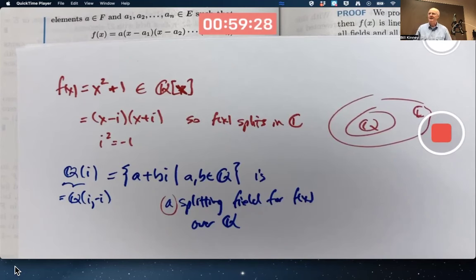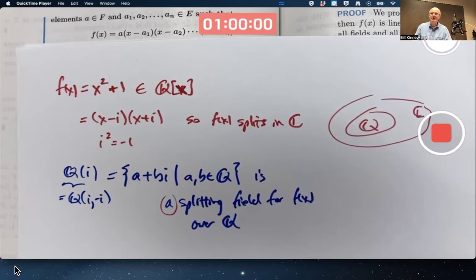Wait a minute, how can there possibly be some other splitting field if this is the smallest subfield of the complex numbers in which f of x splits? How could it not be the splitting field? Because there are other field extensions of the rationals in which f of x splits, is the short answer. That are not the complex numbers, though they might be isomorphic to the complex numbers.